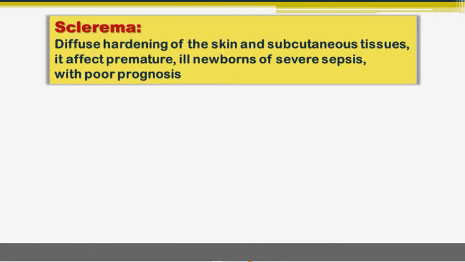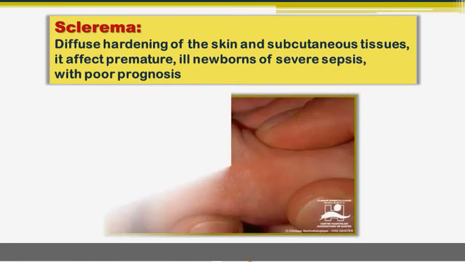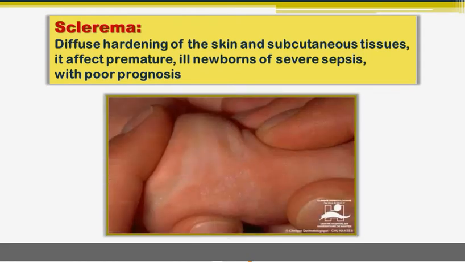In our practice, the presence of sclerema indicates the poor status of the baby and a poor prognosis when we reach the stage of sclerema. As you see here, there is hardening of the skin and subcutaneous tissue. We can see it mainly in the lower limbs, and it may extend to the upper limbs, or it may extend to involve all the skin.